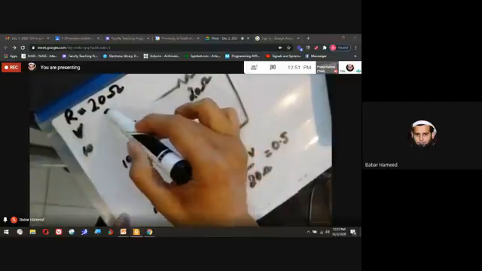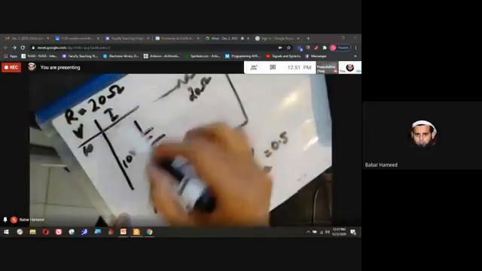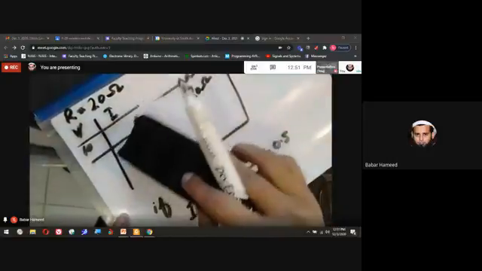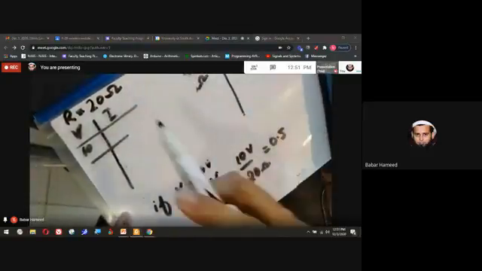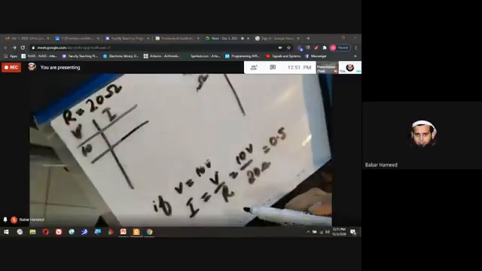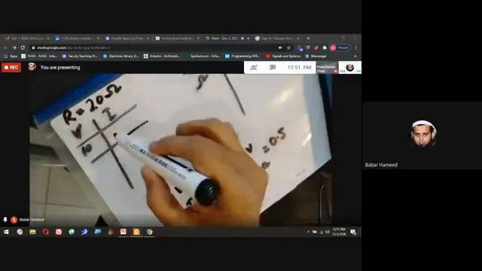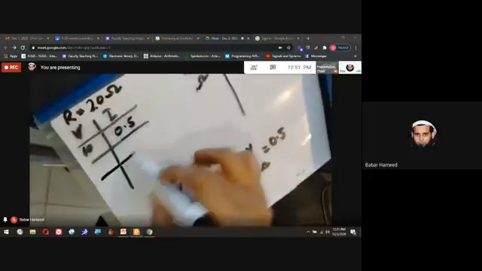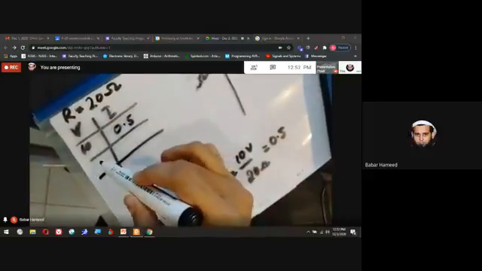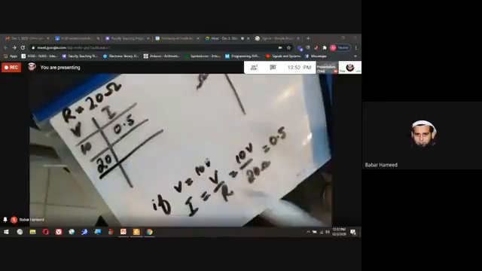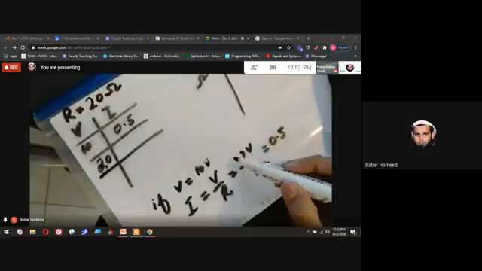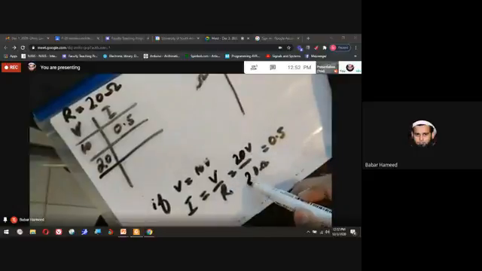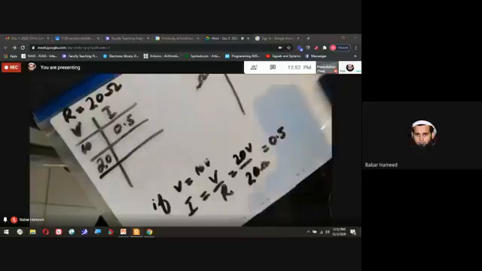We are basically drawing a table between V and I. If V is 10 for 20 ohm, I is 0.5. Now, what if V is 20? Then 20 over 20 will be 1.